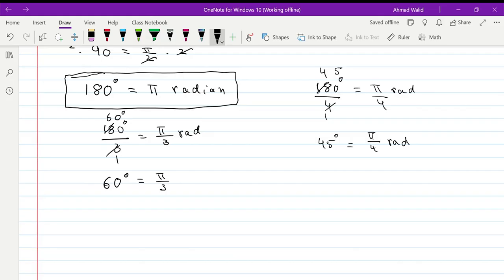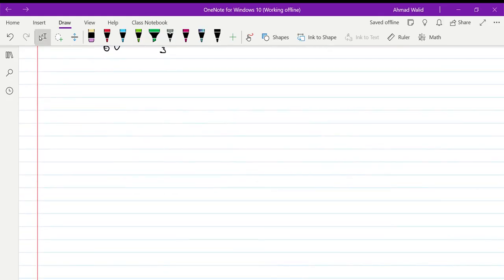Now, again, I want to find a good relation or good two formulas to convert any angle that's given in degree to radian, or vice versa. If it's given in radian, I should easily convert to degree. Correct? The few examples that I did, I cannot call them standard angles, but they are the angles that we deal a lot with, like 45, 60, 90, 180, 270, 360, right?